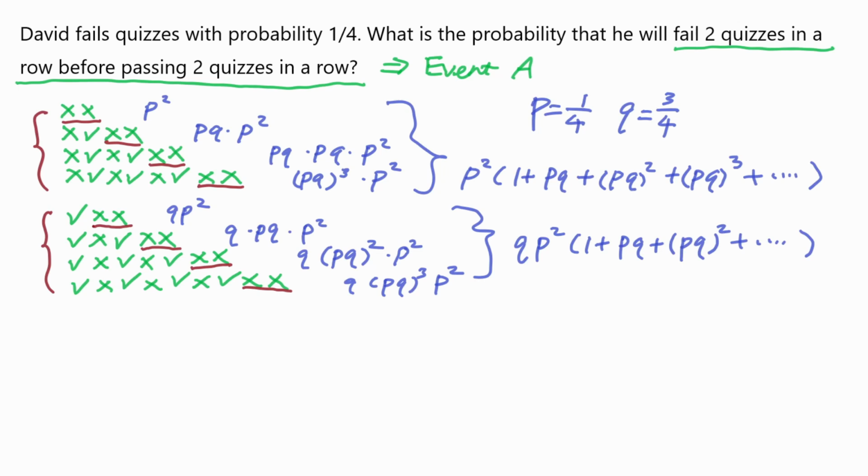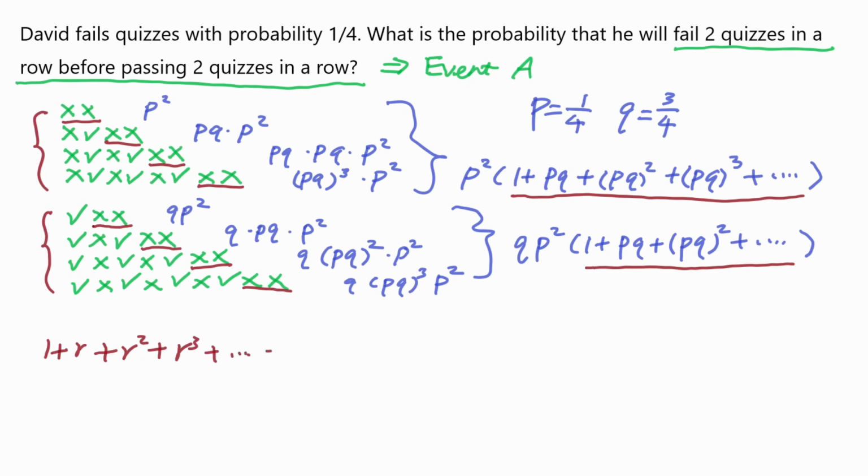You should notice again that this entire series is the same, and it is a geometric series. Let's recall the formula: 1 plus r plus r squared plus r cubed plus dot dot dot is equal to 1 over 1 minus r.